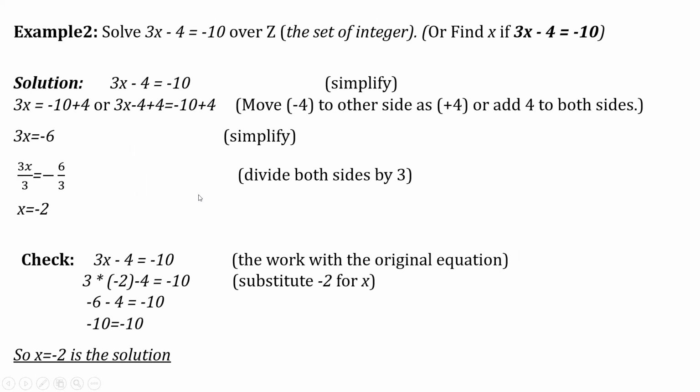Next equation: 3x minus 4 is equal to negative 10, over the set of integers. To solve this, by moving negative 4 to the other side, or by adding 4 to both sides, we simplify the given equation, and then divide both sides by 3.